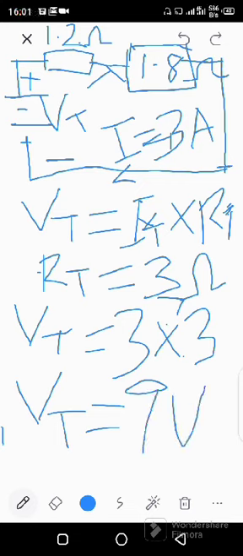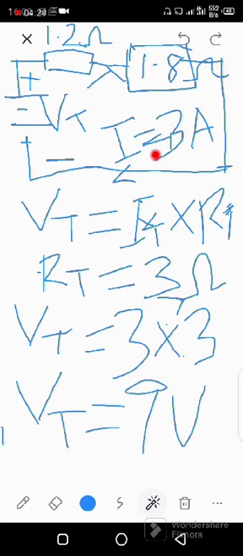So if you are an engineer and you are given a project where two resistors are connected in series, and you don't know the total voltage but you know the amount of current flowing, what you only have to do is calculate the total resistance by adding them when they are connected in series.